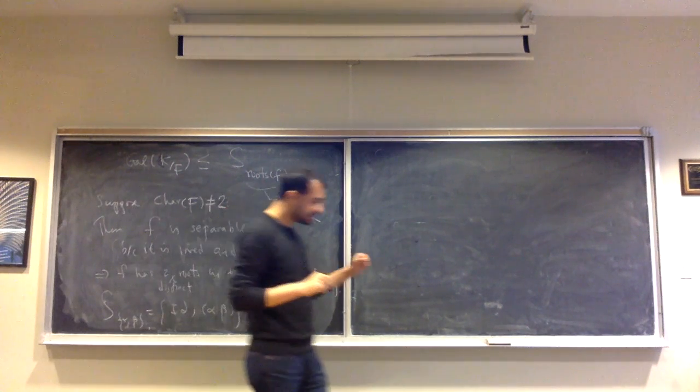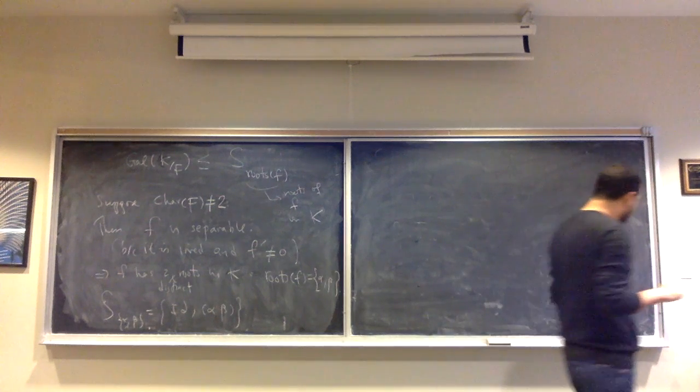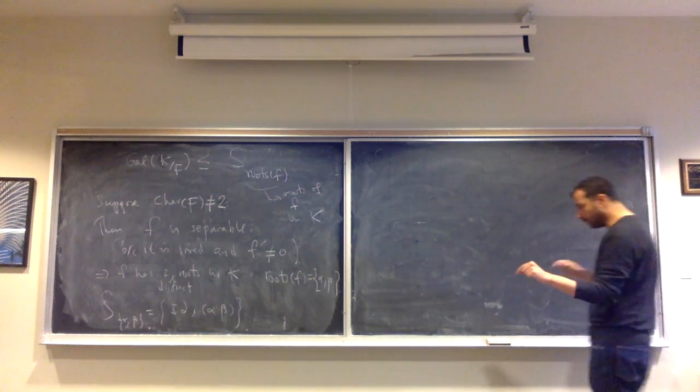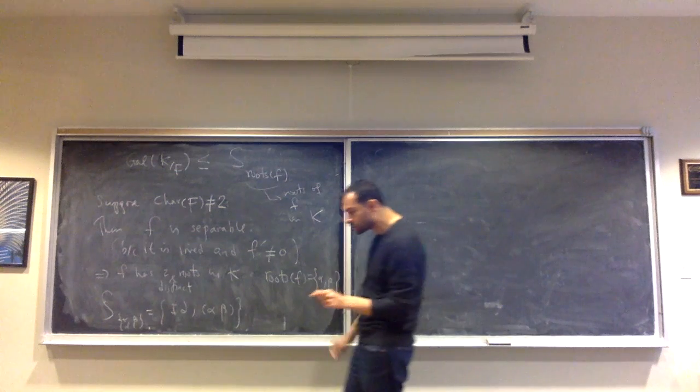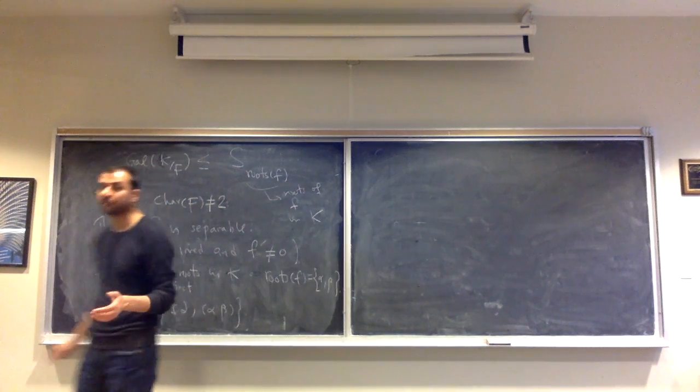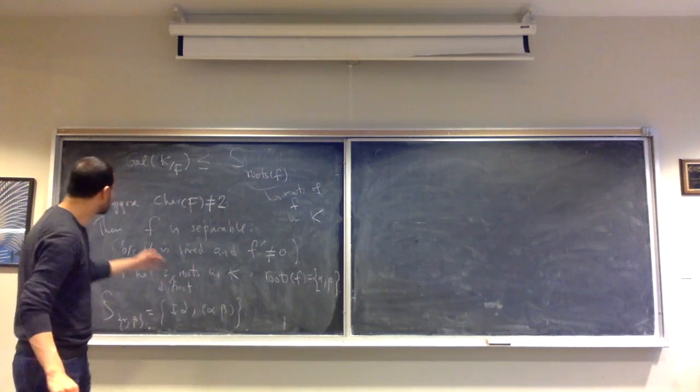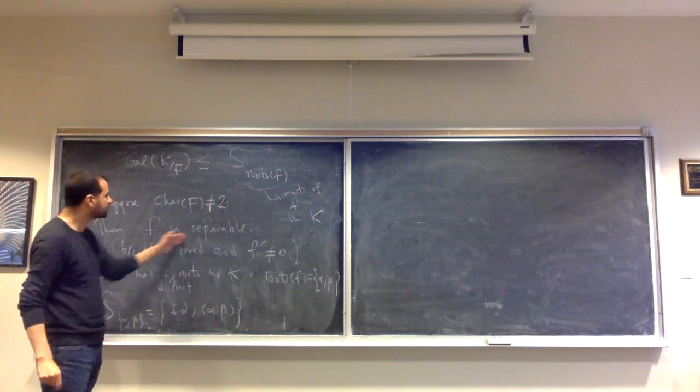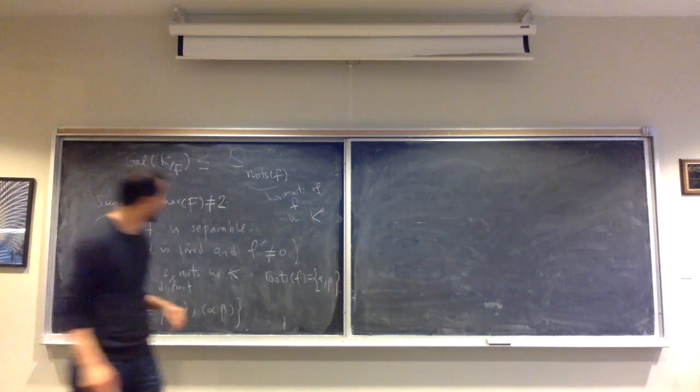If K is the splitting field of a polynomial f over F, where the irreducible factors of f are separable. Well, in this case, our polynomial f itself is irreducible and separable, so we're good.